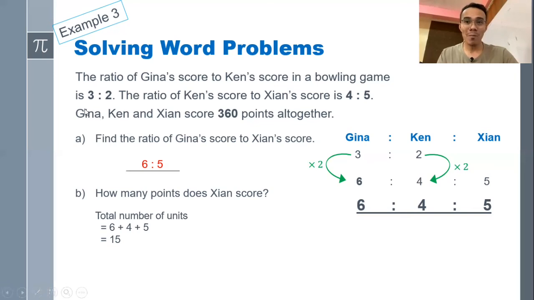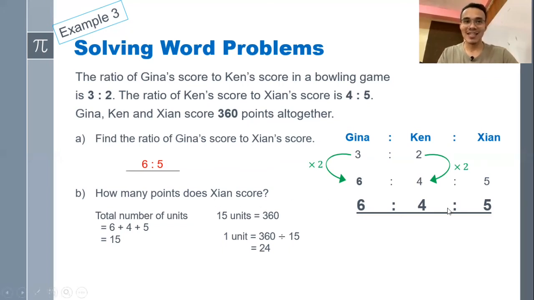And the problem says Gina, Ken, and Zian score a total of 360 points. This gives us an idea that 15 units is 360. And 1 unit is 360 divided by 15, and that is equal to 24. We're looking for how many units?